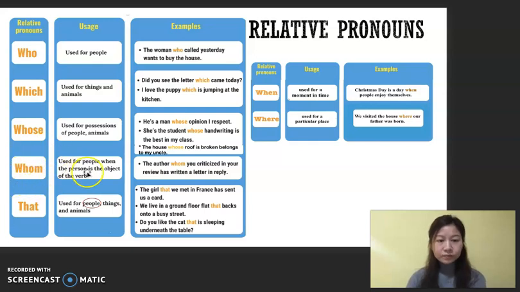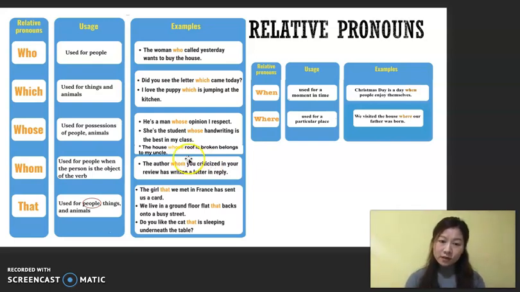Now whom would be used for people when this person is the object of the verb. Let's look at this example. The author whom you criticize in your review has written a letter in reply. You criticize somebody, so that somebody would be the object of your criticism.